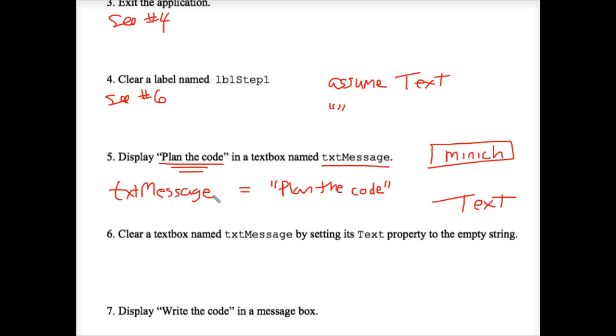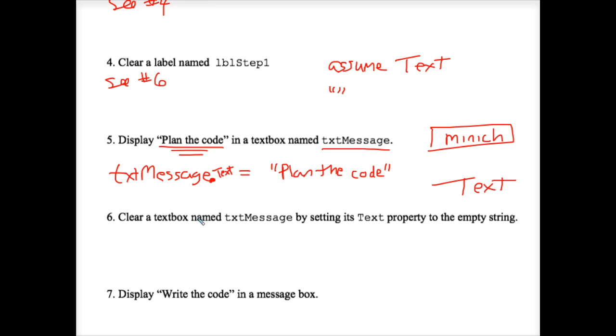So you need .text right here, just like you did with labels on yesterday's worksheet. Text boxes also have properties called text, just like labels make use of a property called text.